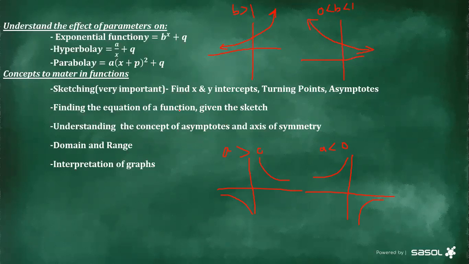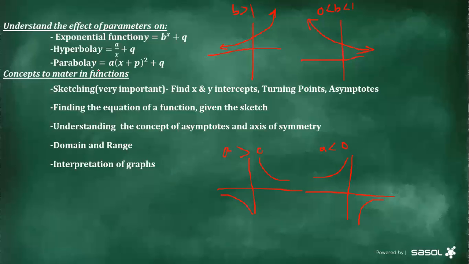Again q gives us the horizontal asymptote. The vertical asymptote will always be x = 0, so you should know that. But q does change, so it will depend on the question we're given.